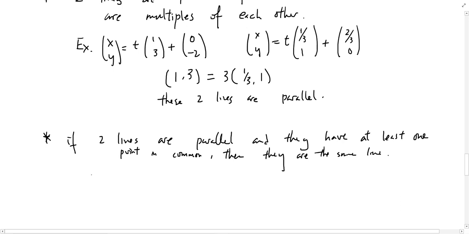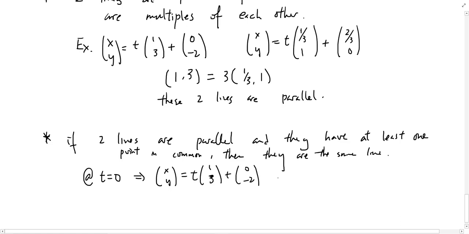So how do I do that? Here on the first equation, if I have t equal to 0, then (x, y) equals t times (1, 3) plus (0, -2), which yields (x, y) equal to (0, -2). But for the other equation it happens at a different t value, and you can verify that if you want.